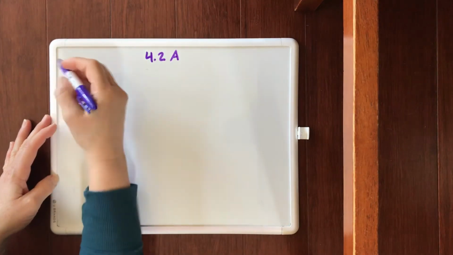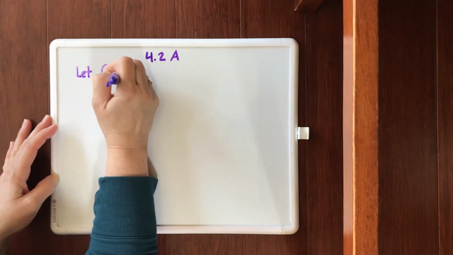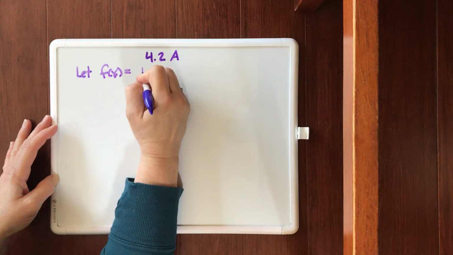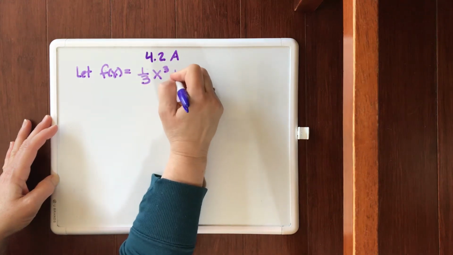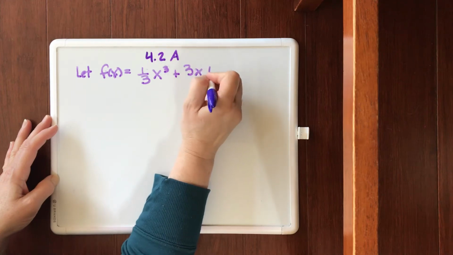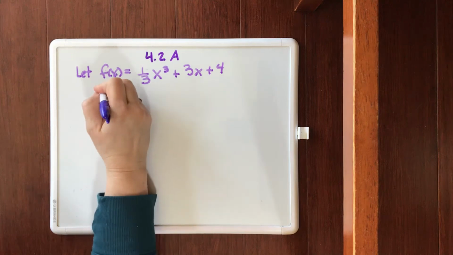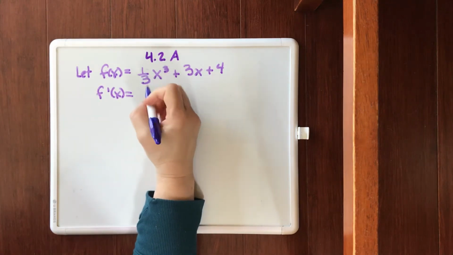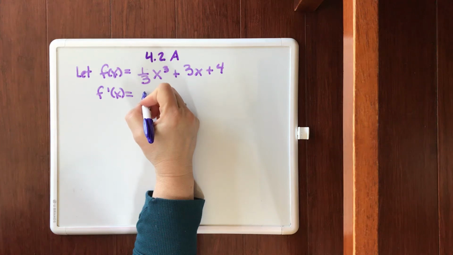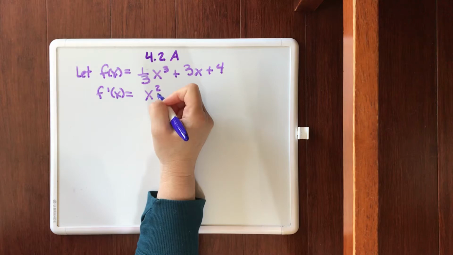All right. We're going to let f of x equal 1/3 x cubed plus 3x plus 4. Okay. f prime of x, we're going to bring this 3 down, and we get x squared because we minus 1.